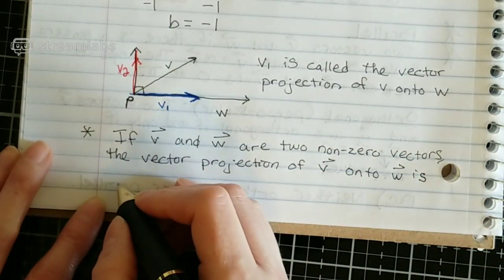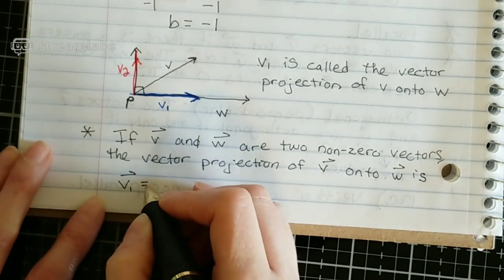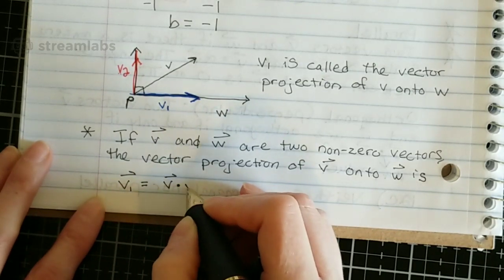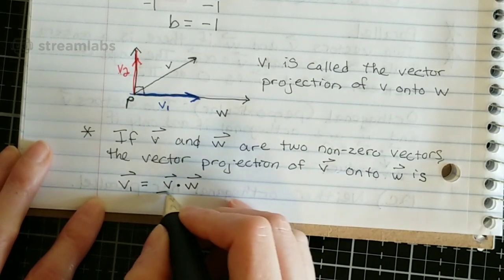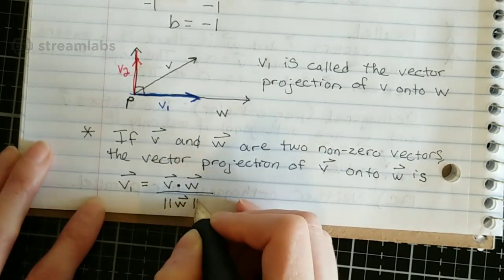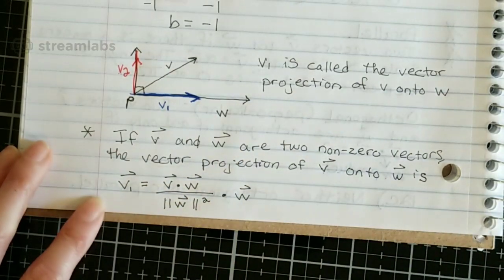Okay, so here's the formula. V1 is equal to the dot product on the top divided by the magnitude squared times W.